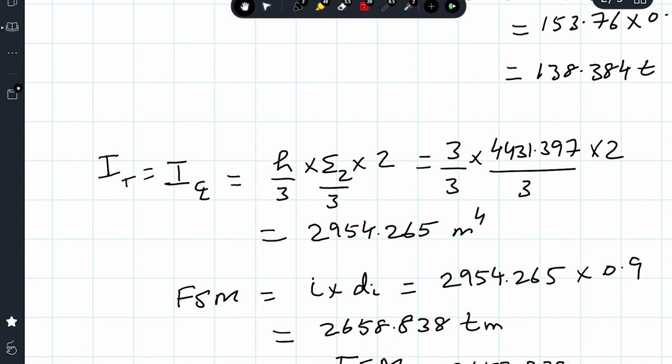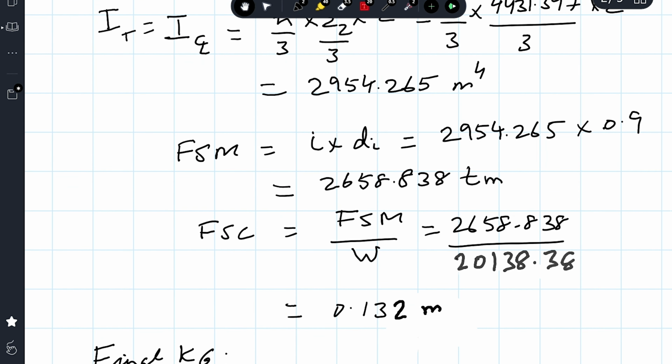So I have to get the final displacement, which is 20,000 plus the 138.38 tons of oil, and the final displacement will become 20,138.38 tons. This is the final displacement after adding the fuel oil loaded. So I get the free surface correction as 0.132 meters.